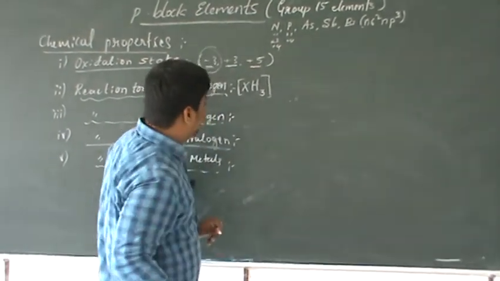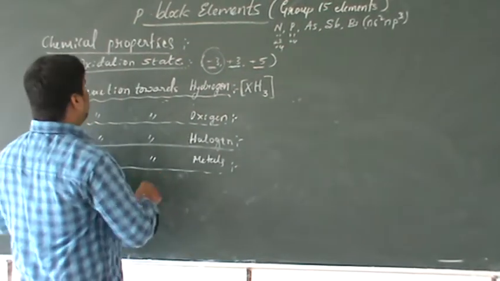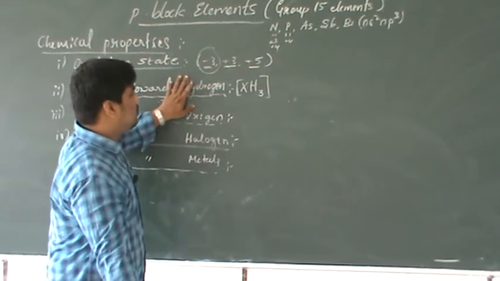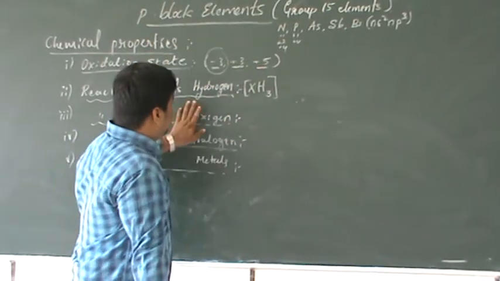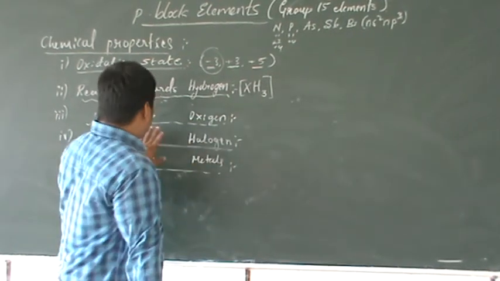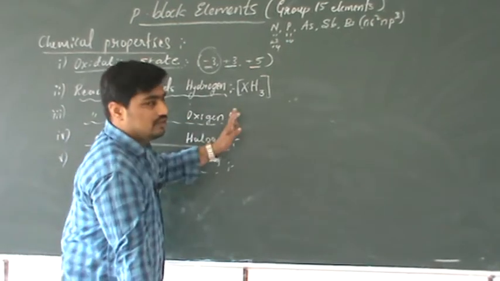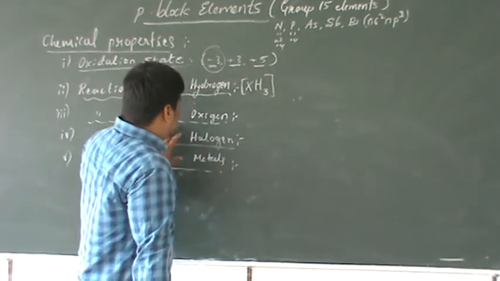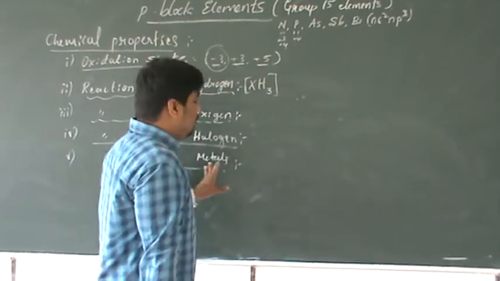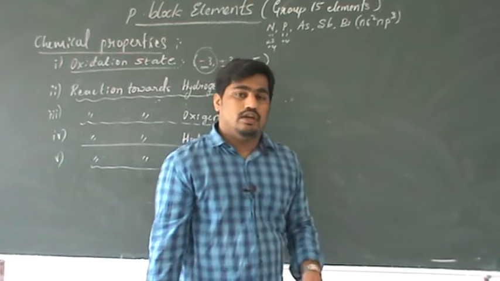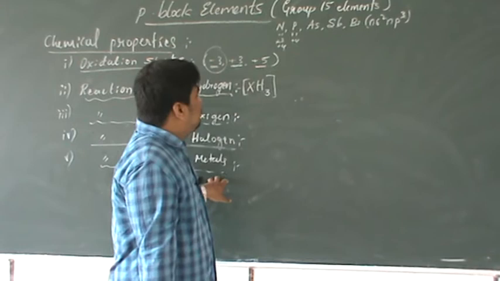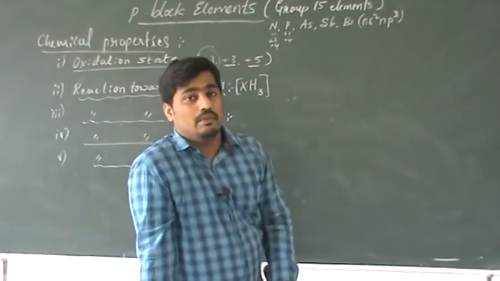These are the chemical properties of group 15 elements. Reaction towards hydrogen, the first element of the periodic table, and oxygen, an electronegative element; halogens, the most electronegative elements on the extreme right side; and metals on the extreme left side. So group 15 elements react with almost all elements in the periodic table.